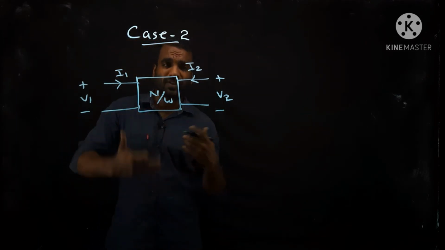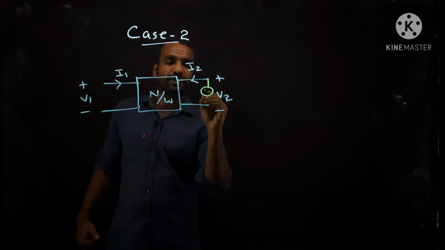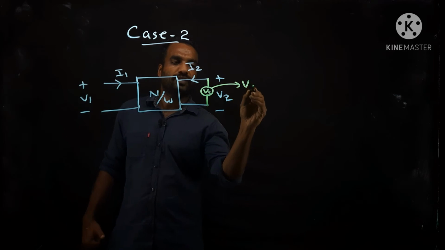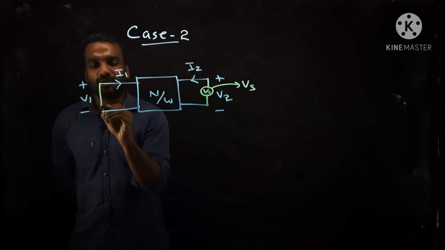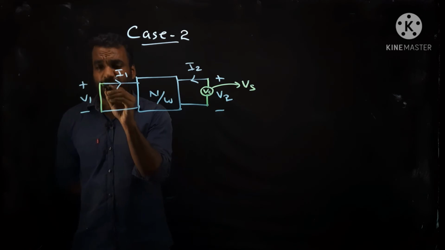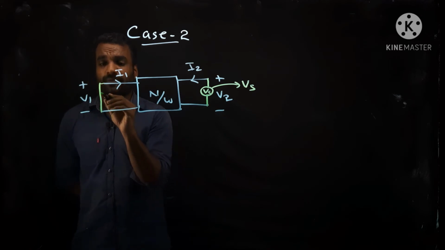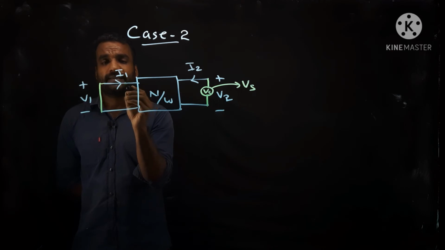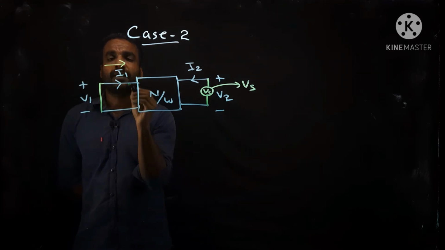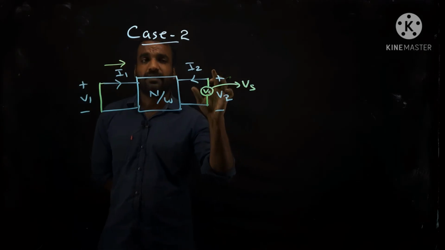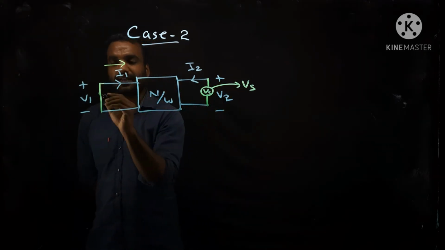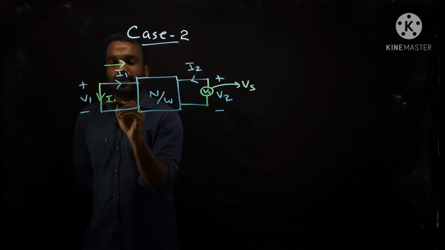Now we are going to reverse it. That is, a source Vs is connected here, and response is measured from this side where input side is short circuited. So initially this was the assumed direction of current, but as it is short circuited and we are connecting a source here, now the current will be flowing in this direction, I1 dash.